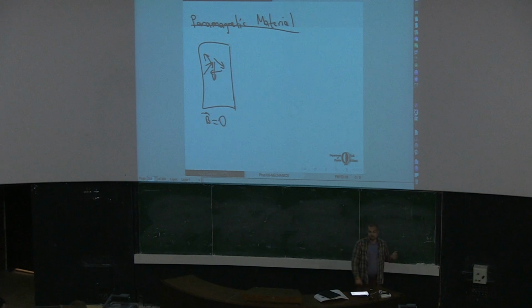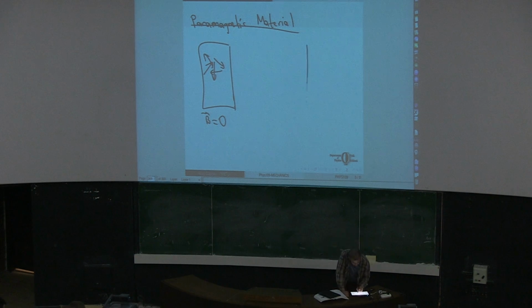Now we know how the magnetic dipole behaves under the influence of a magnetic field. So if you put a magnetic dipole in a magnetic field, it will feel a torque. And since it feels a torque, it will try to align the magnetic moment in the direction of the magnetic field.